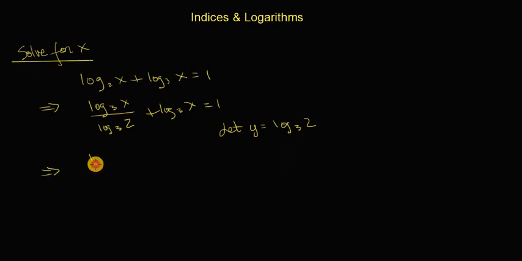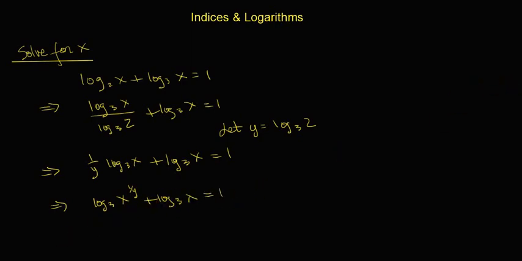So that's going to give me 1 over y times log base 3 of x plus log base 3 of x is equal to 1. This is going to be log of x to the power of 1 over y plus log base 3 of x is equal to 1.